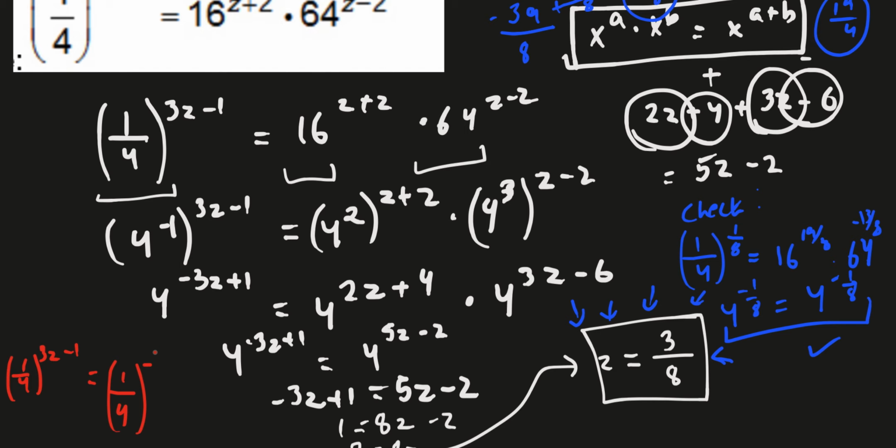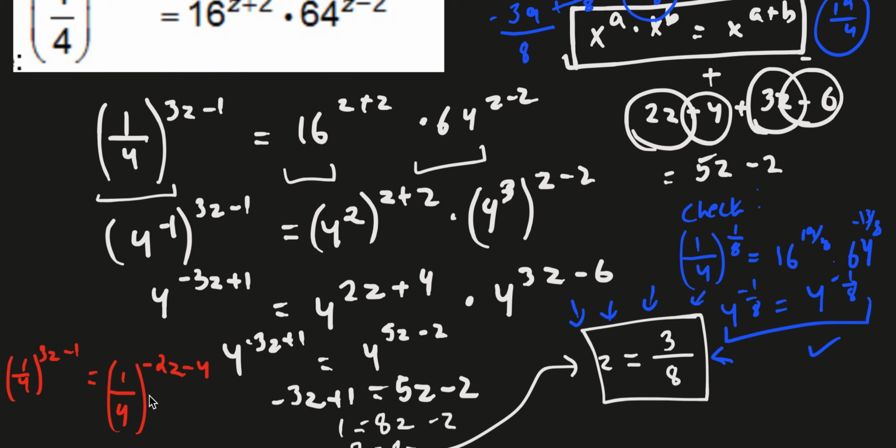Actually not negative 2z plus 4, negative 2z minus 4, because 1/4 raised to the negative second power is going to be 16, and then negative 2 times z plus 2 is going to be negative 2z minus 4. Yeah, this is it here.